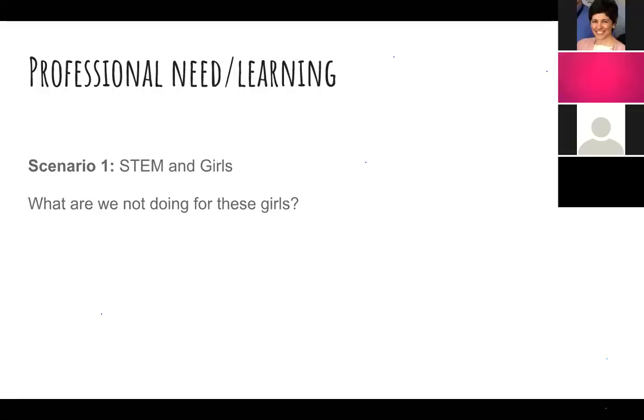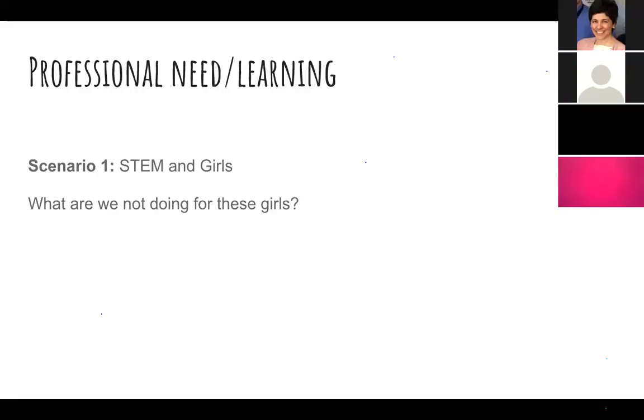She said, I've got a group of 5 or 6 girls who are scoring the highest in 5th grade, but they're not participating in class. They're not raising their hand. They're not leaders in my classroom, and they're not doing as well on my classroom assessments and in my observations as this group of boys. And she said, I'm really surprised to see that these girls are so strong in math.